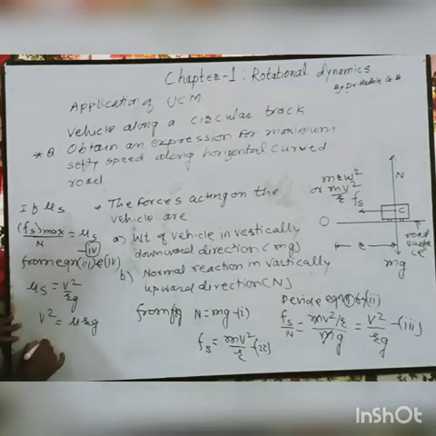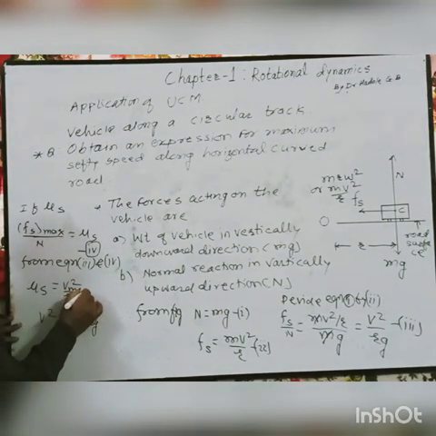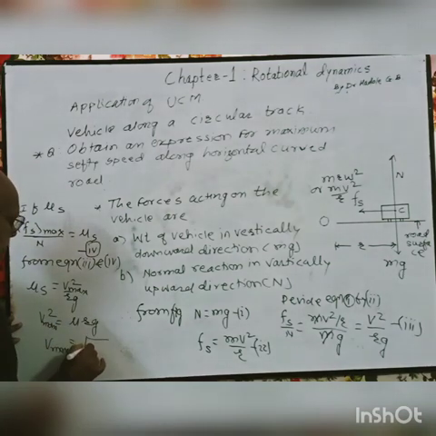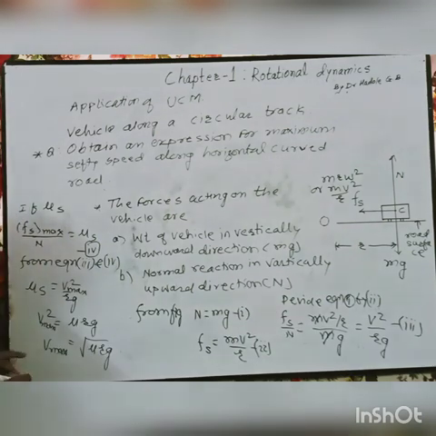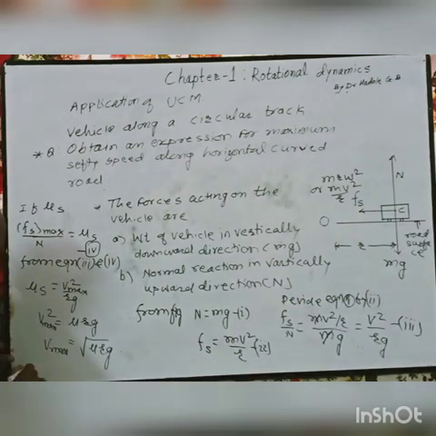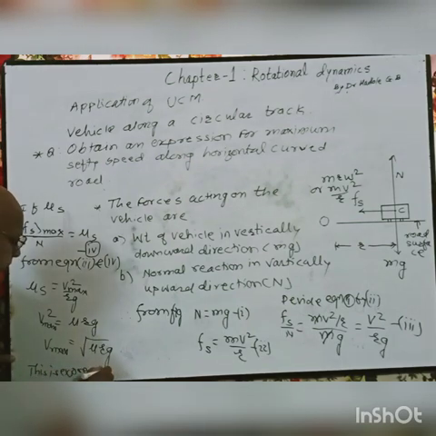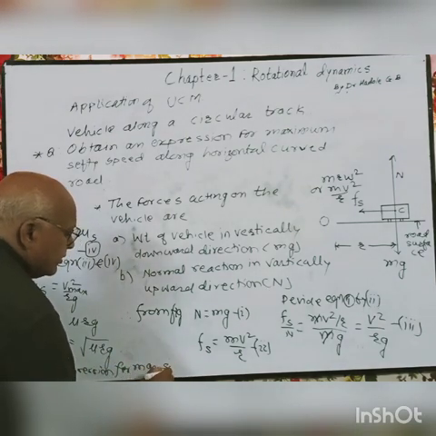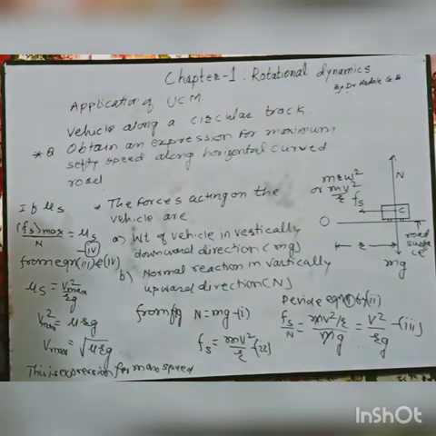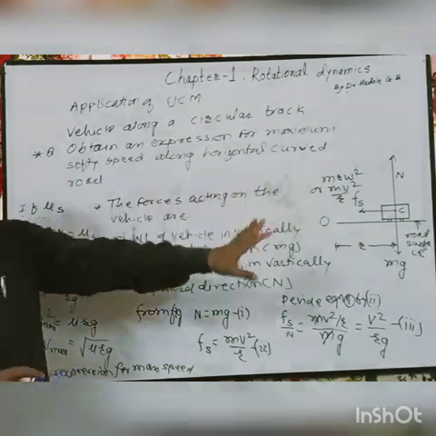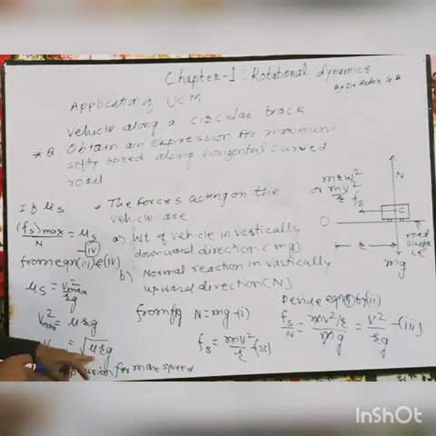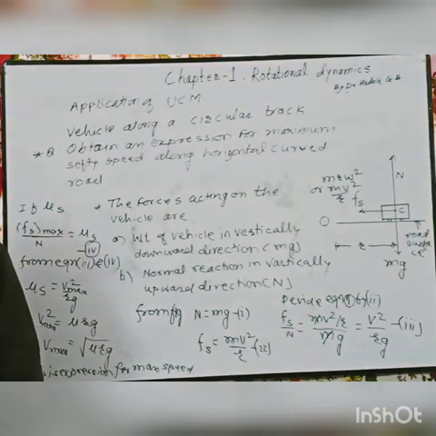Taking square root on both sides, we write v max equal to square root of mu s r g, and this is the expression for maximum speed when the vehicle is moving along a horizontal curved road. So this is about the maximum safety speed along a horizontal curved road.